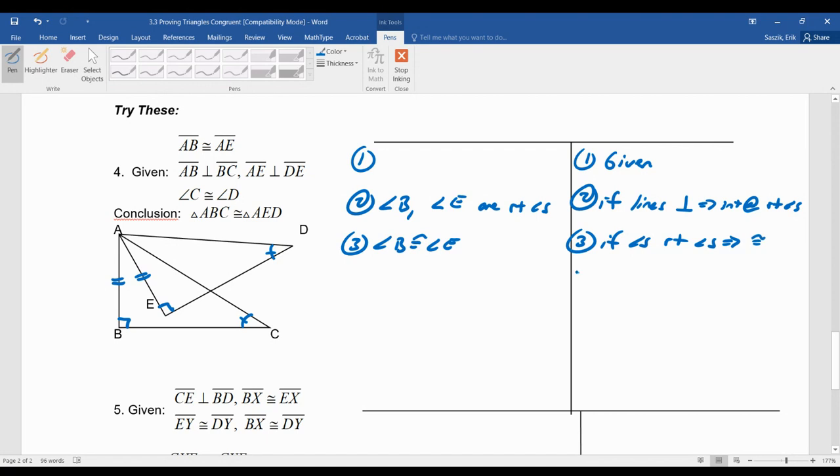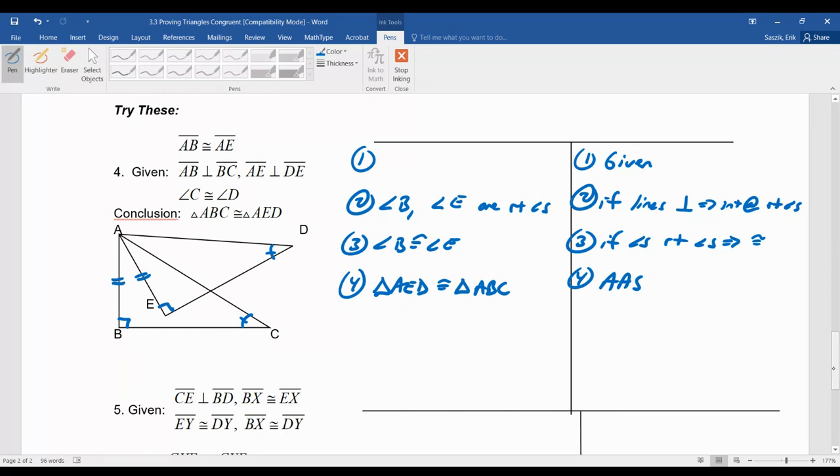You see how we can abbreviate a lot? I'm still saying the same thing. If angles right angles, then congruent. And then that allows us to say that triangle AED is congruent to triangle ABC. And that's going to be by angle side. We haven't seen that one yet.